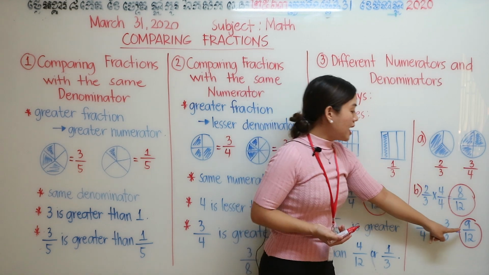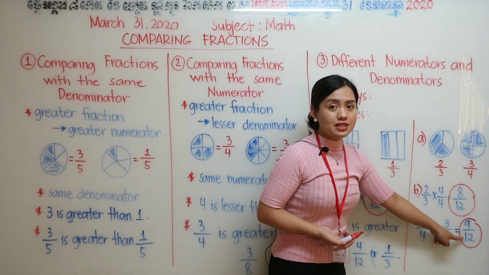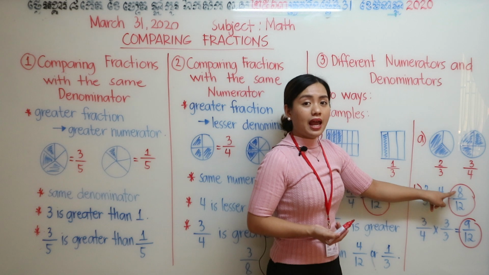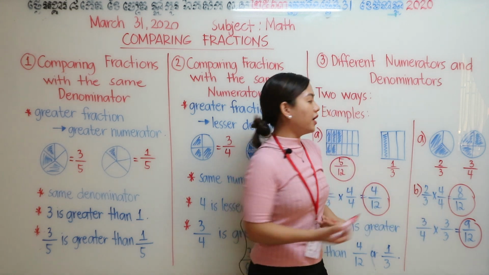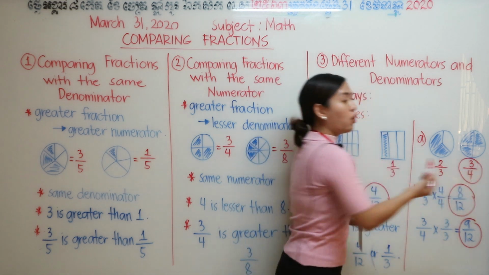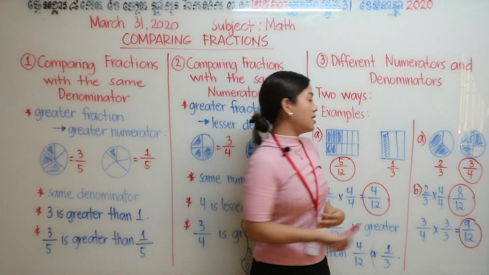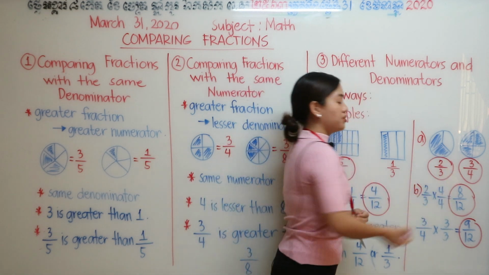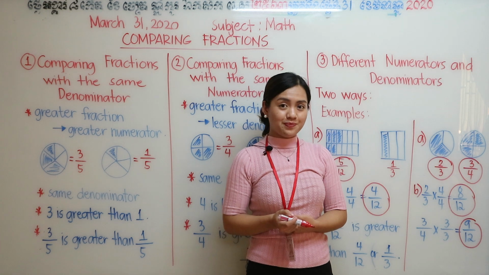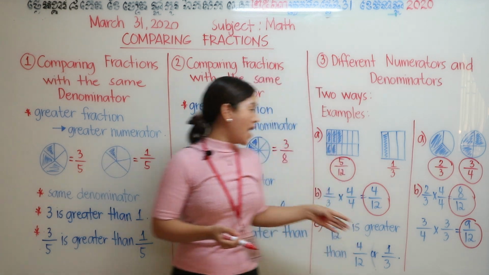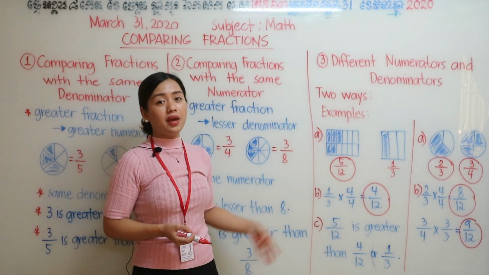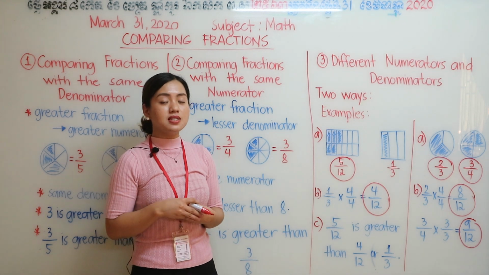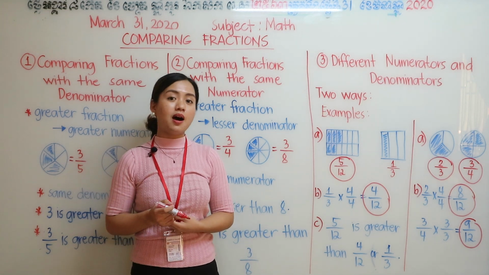So meaning 9 over 12 is greater than 8 over 12, or 3/4 is greater than 2 over 3. Okay, so that's how we compare fractions with different numerators and denominators.